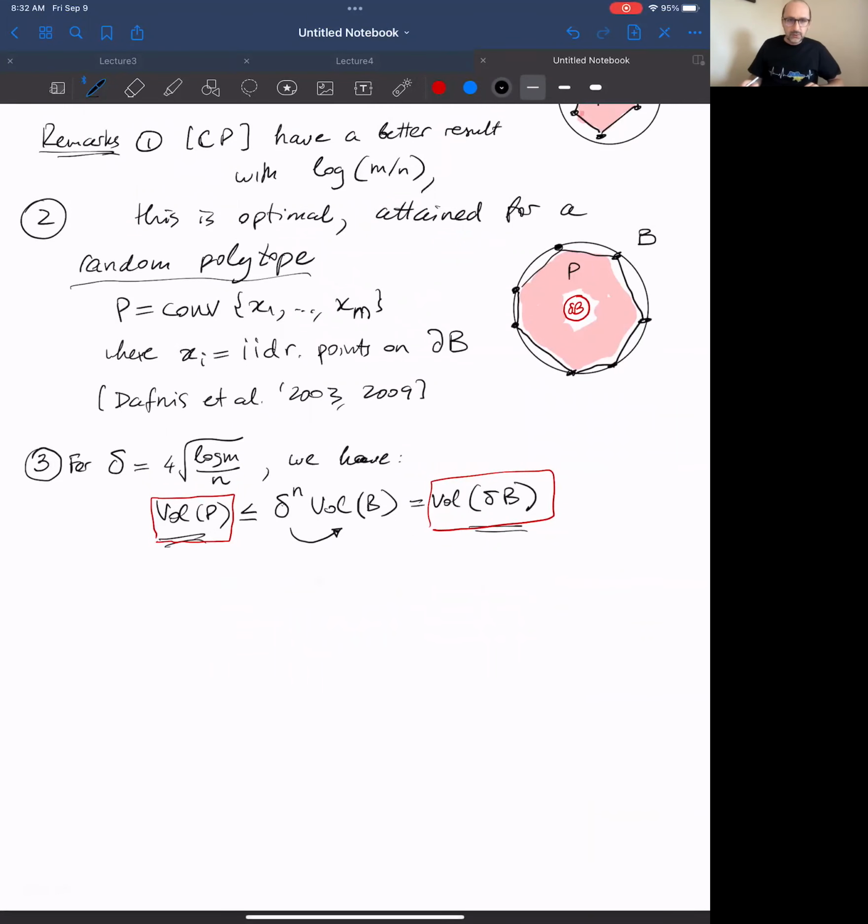To try to make any sense of this, Vitaly Milman in the 80s proposed the following correction. It's called the hyperbolic correction to our low dimensional intuition.